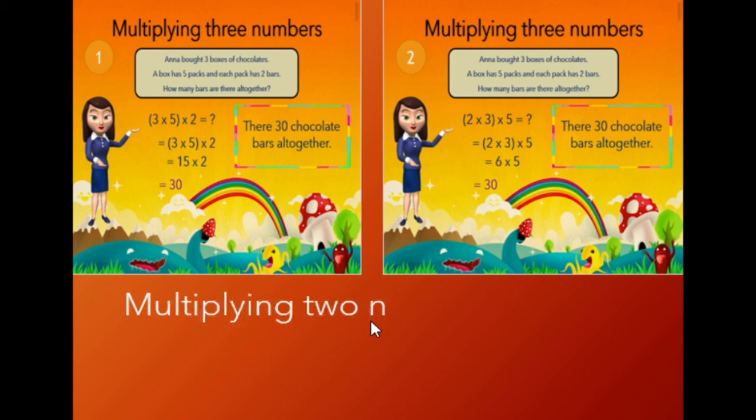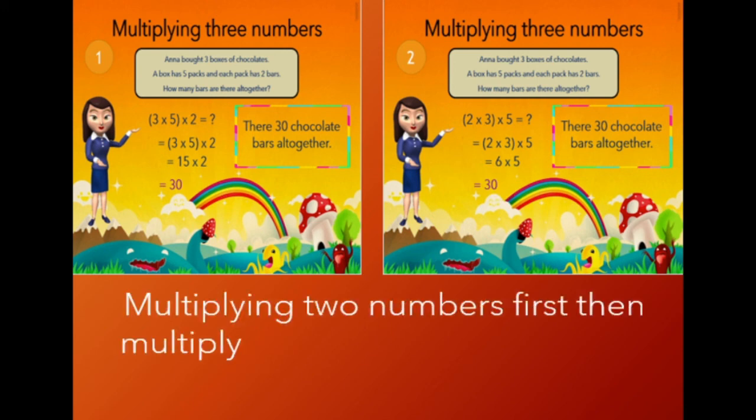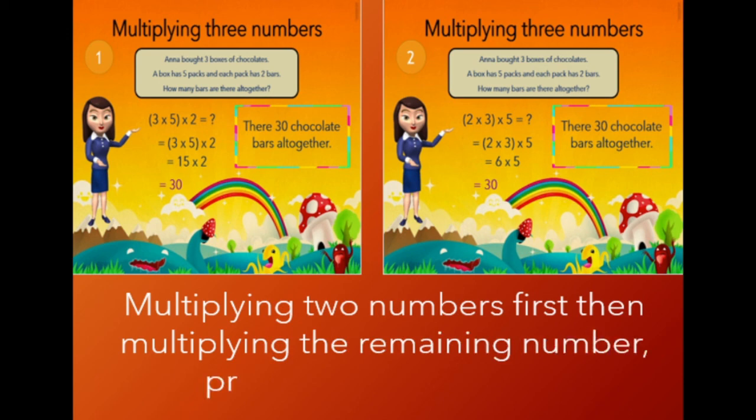So if you multiply 3 numbers, changing the position again of the first 2 numbers won't affect your answer.